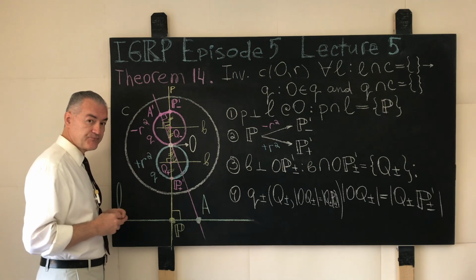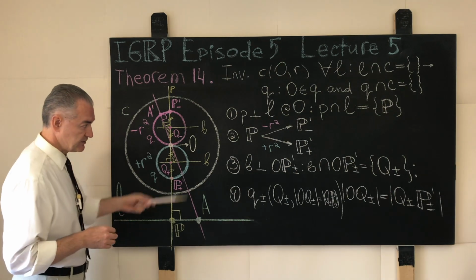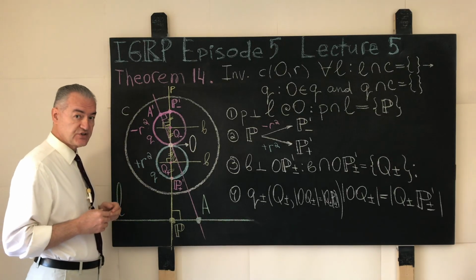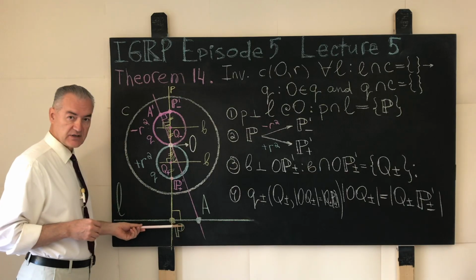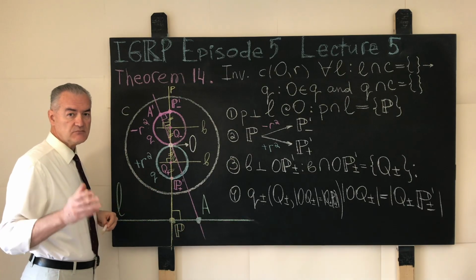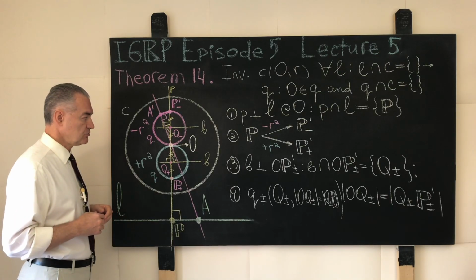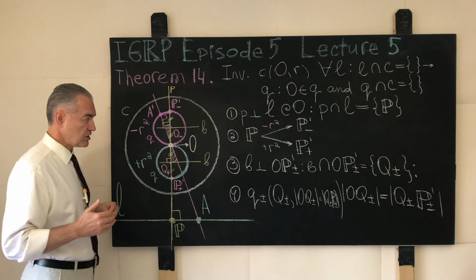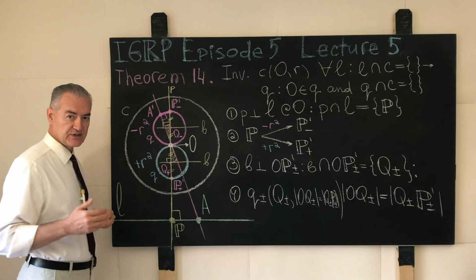For a proof of the fact that this construction is indeed correct and produces the sought after image of the given straight line L that has 0 points in common with the given circle of inversion, I leave the construction of that proof as an exercise to the viewer.